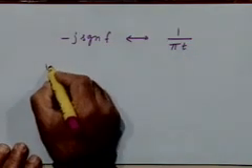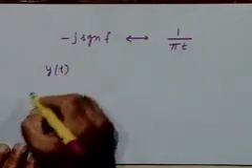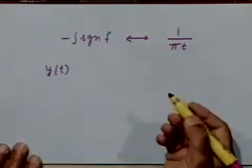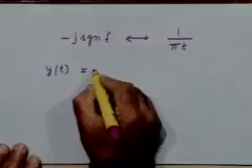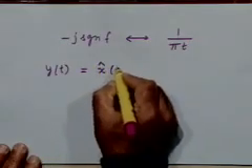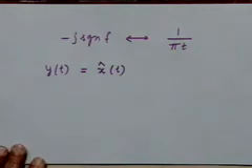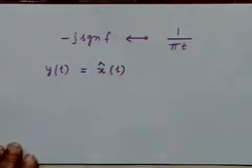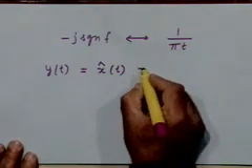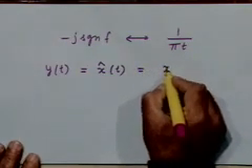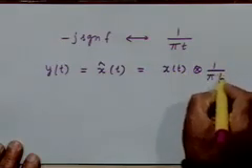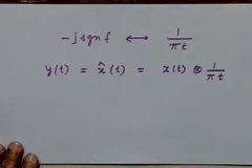And therefore we can now write what y of t will be like. Incidentally, instead of calling it a general signal y of t, since it's a very special operation, I will denote this y of t by a special notation. I will call it x hat of t, x cap of t. This symbol is usually called a cap symbol. We will call it x cap of t, and it is equal to the convolution of the actual input signal x of t with the impulse response 1 by pi t, right?